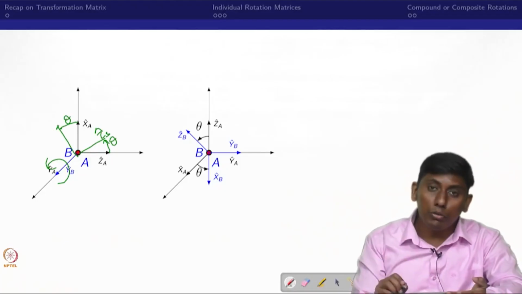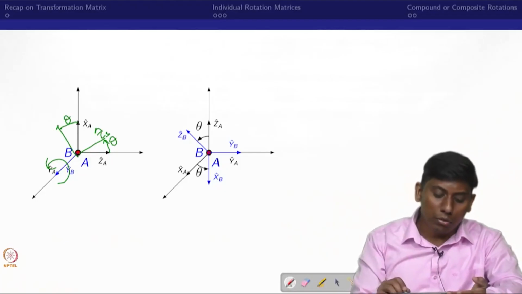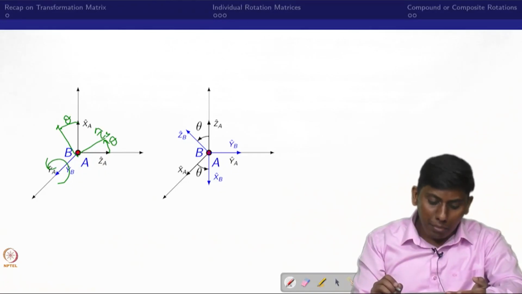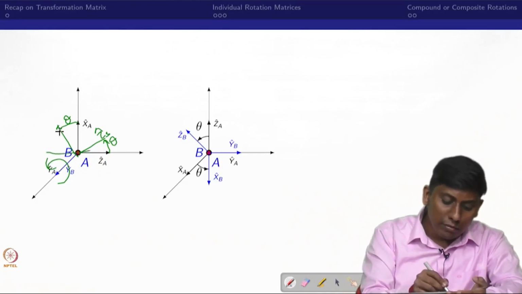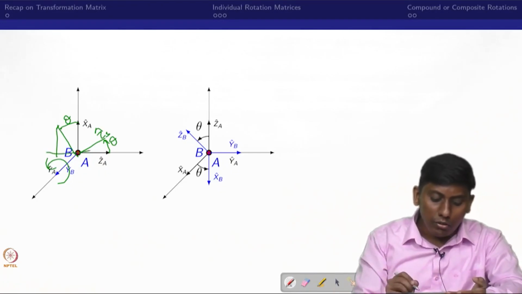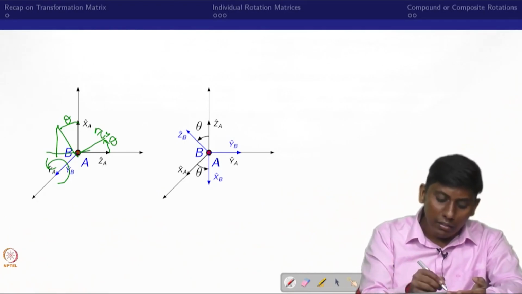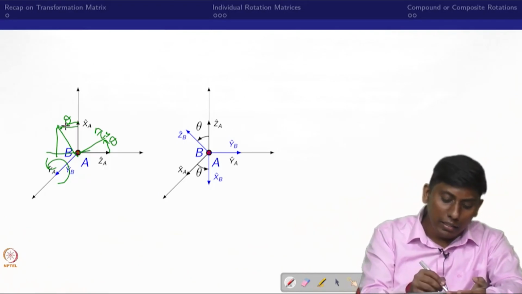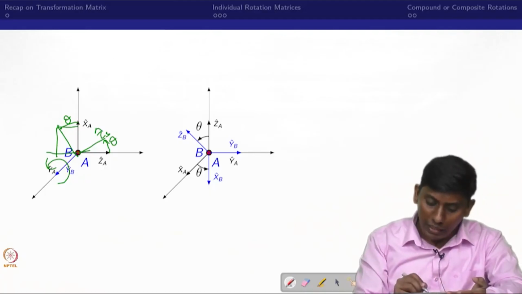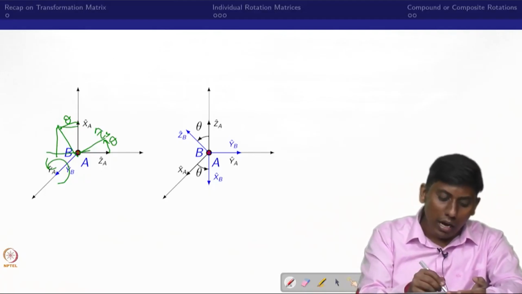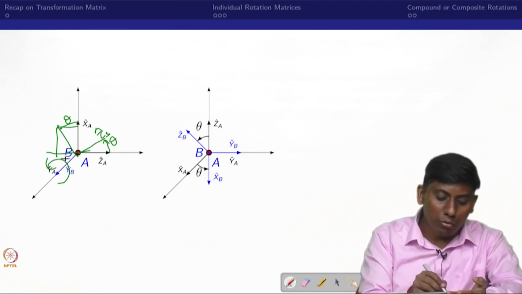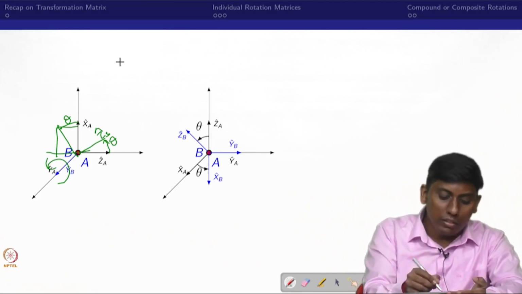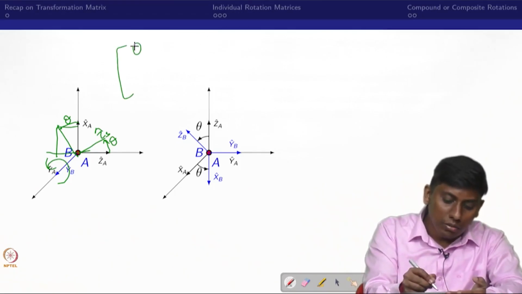Now, the same way you can project it. The XB unit vector projected on XA would be cos theta, on YA cap it would be 0, and on ZA cap it would be minus sin theta. So the first column is cos theta, 0, minus sin theta.